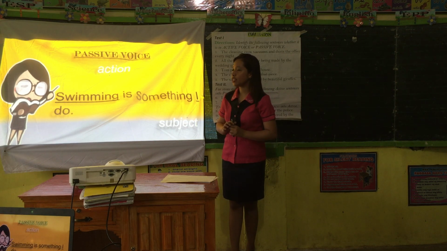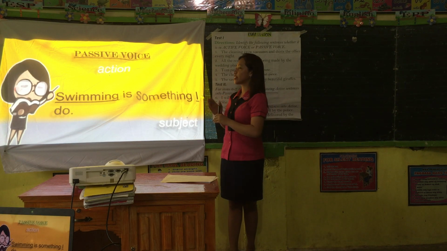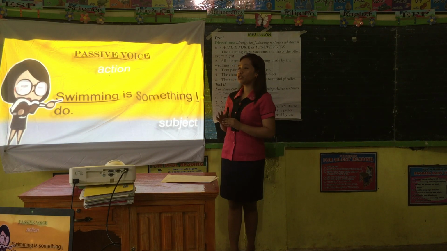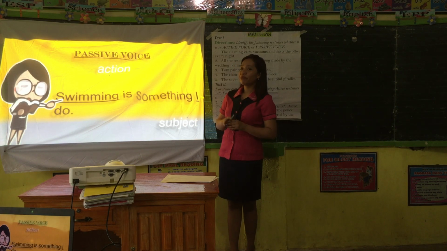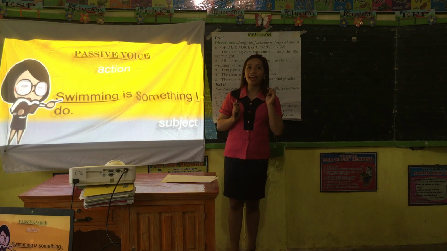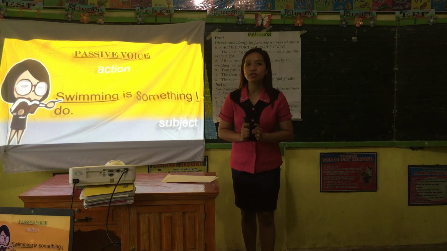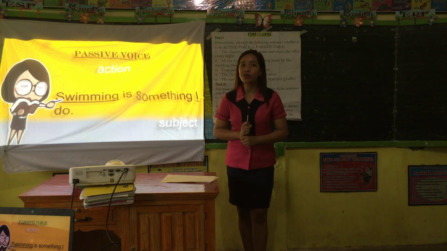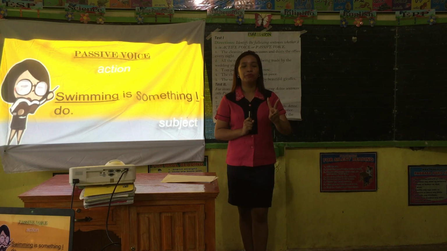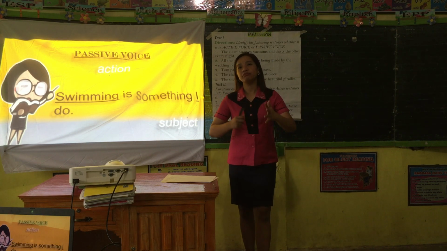So in this sentence, the action or the verb is, very good, swimming, and the subject is I. So in passive voice, the action comes first before the subject, unlike in active voice, where the subject comes first before the action. So that is the difference between the active and the passive voices.